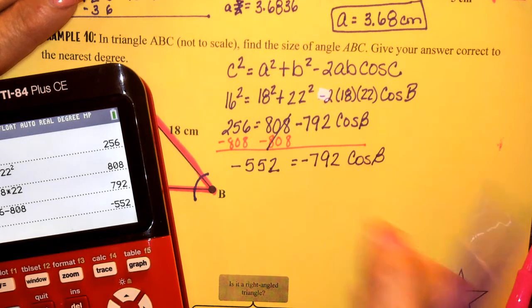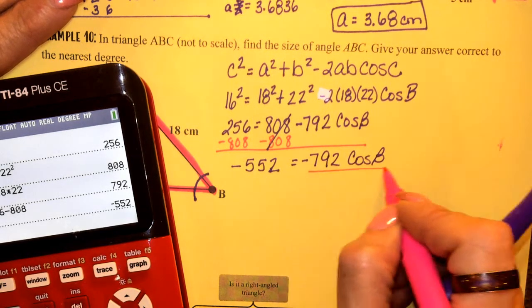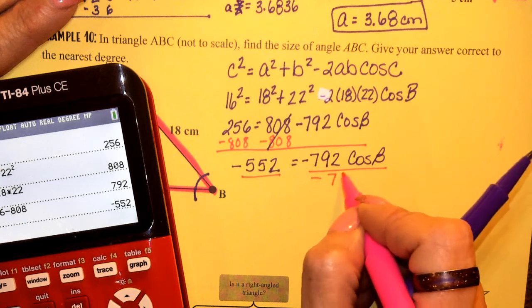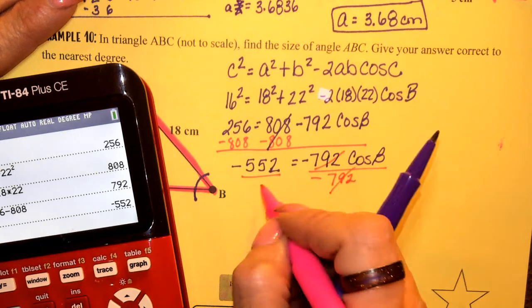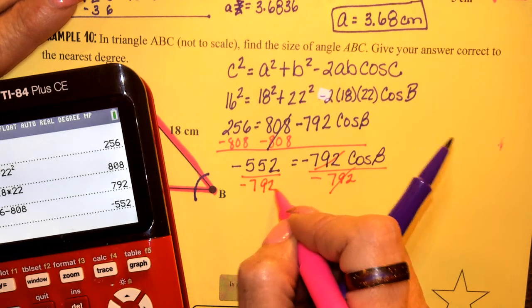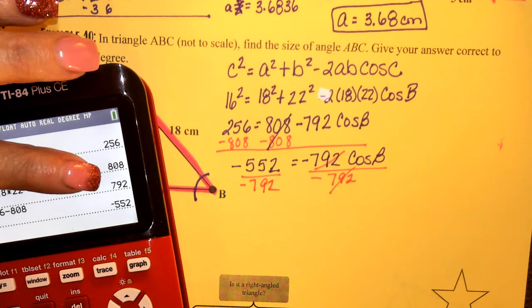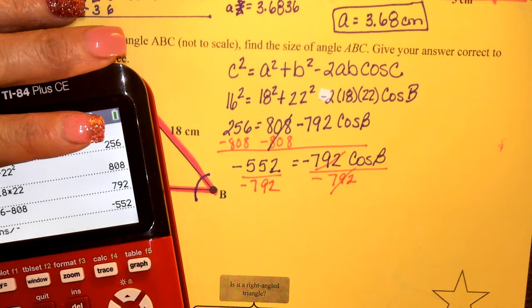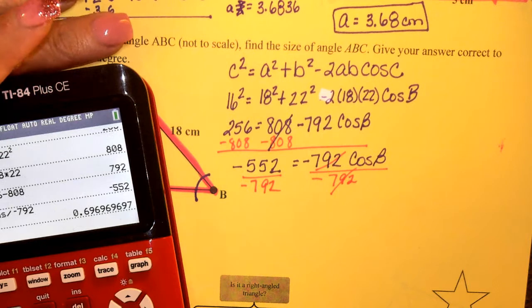I'm going to divide right here, negative 792 on both sides. So, divide by negative 792.